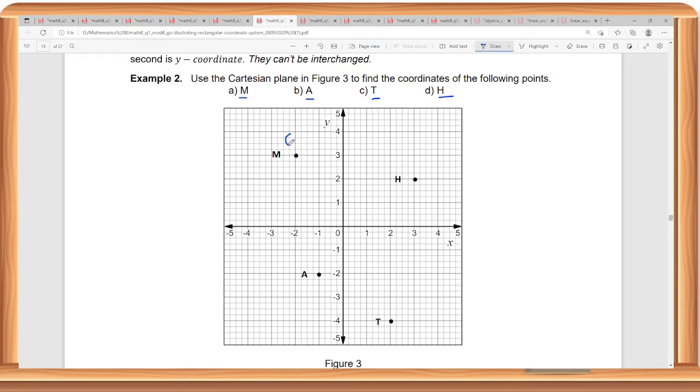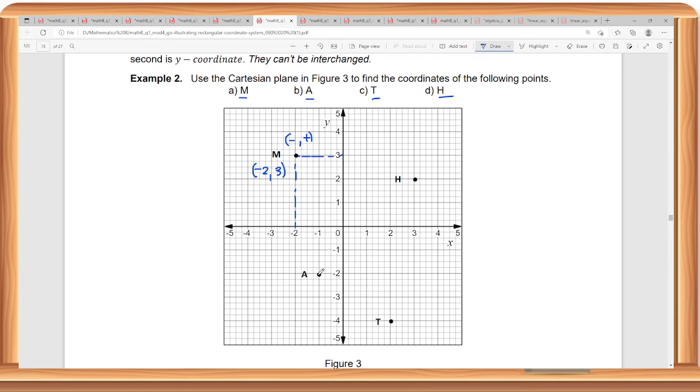Since the x coordinate is on the left, it is negative, and then the y coordinate is positive, so it is above the x-axis, so it is in the second quadrant. So here is the x coordinate, which is negative 2, and the y coordinate is positive, which is 3. Okay, positive 3.